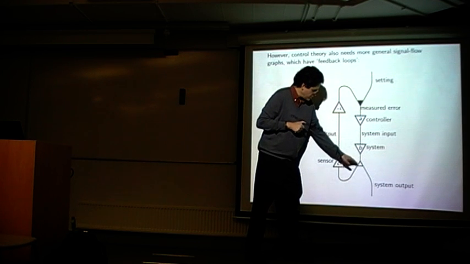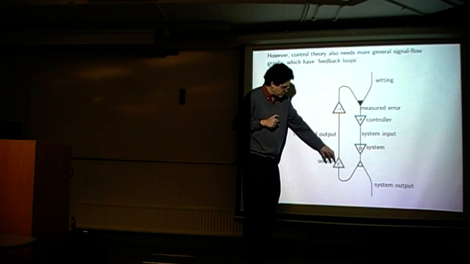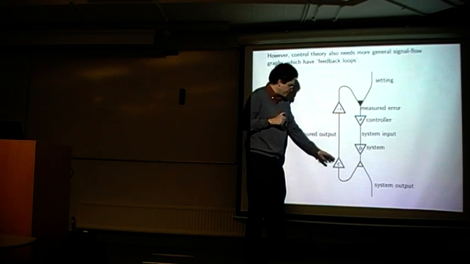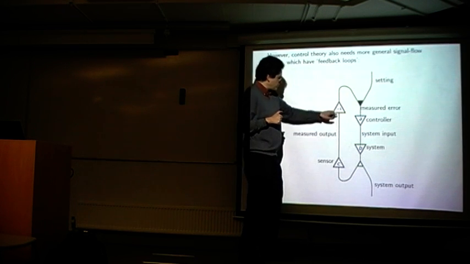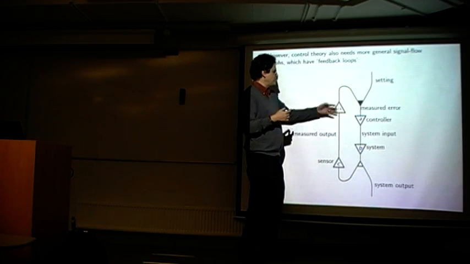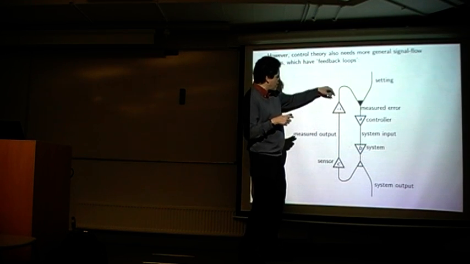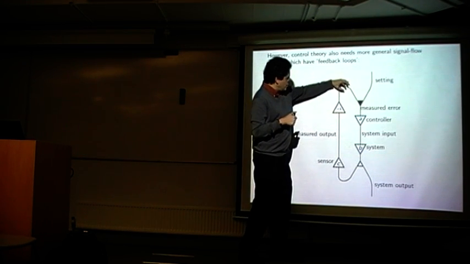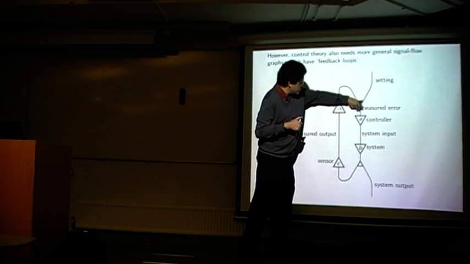So what you do is you take a measurement of the system. In other words, you take some of the output of the system and feed it back into some sensor, for example, a thermostat, and then the output of that perhaps could be, this -1 is not really necessary, but sometimes what will happen is that you will subtract something and then add it to your initial setting, feed it back in.